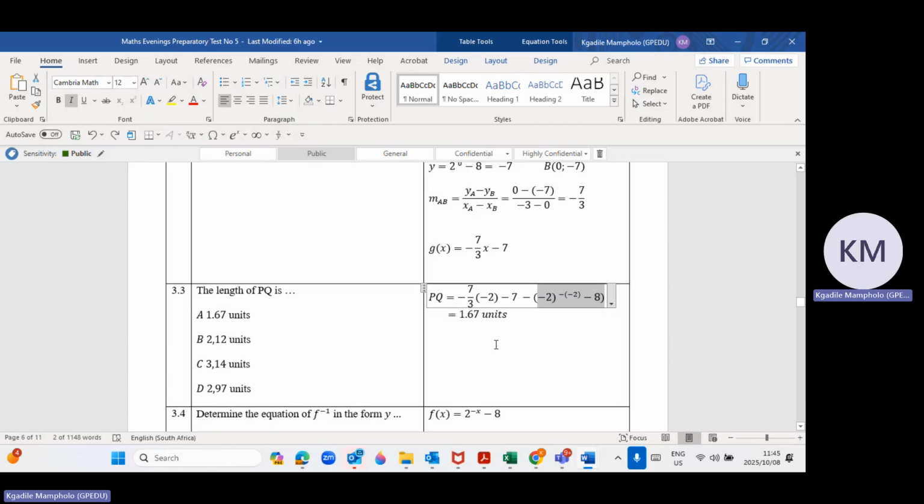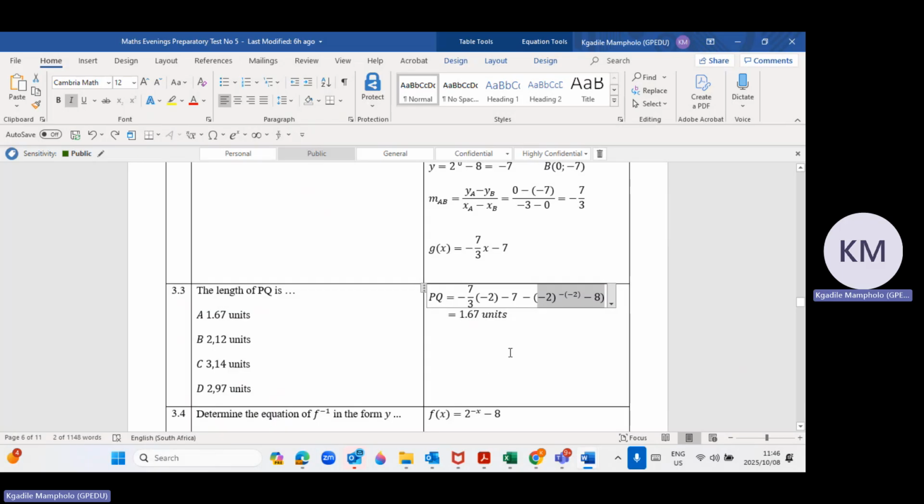Let's quickly calculate. You say minus 7 over 3 into negative 2. Then you say minus 7, minus the exponential.